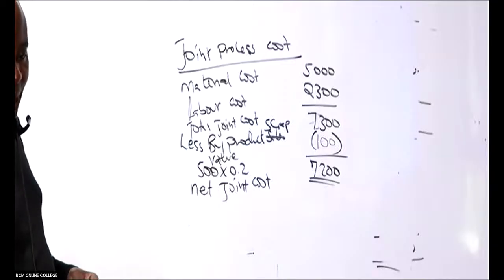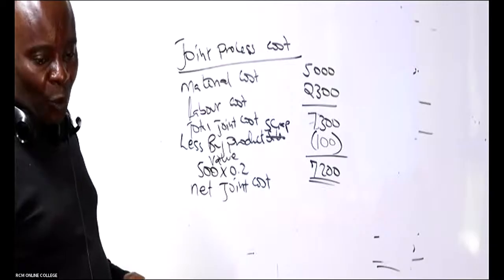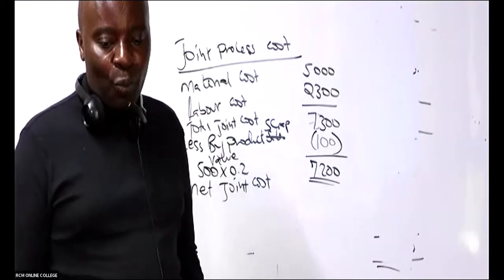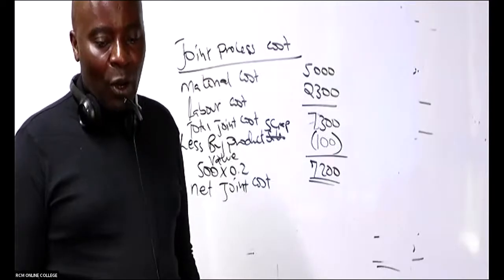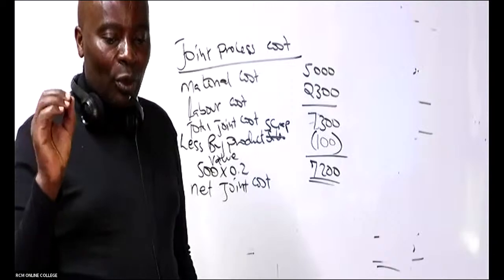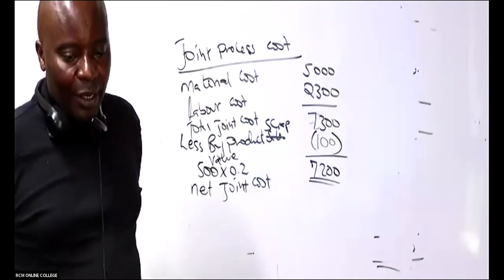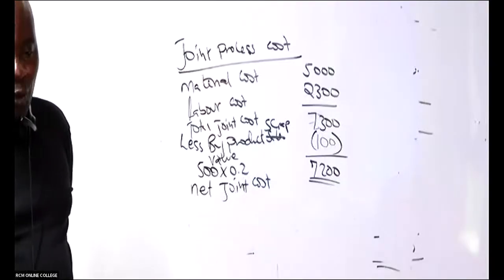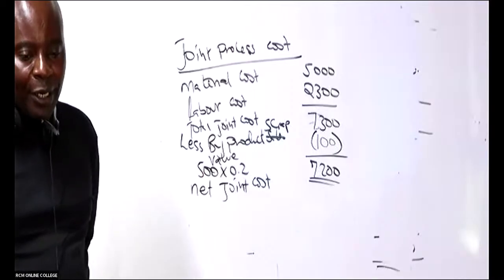The handout has been shared in the group. If you're in the paid group, how come you haven't seen it? Is there somebody who has seen our handout, which has been shared in the paid group? It is there. For the evening group, it's there. Even the early morning group, it was shared.